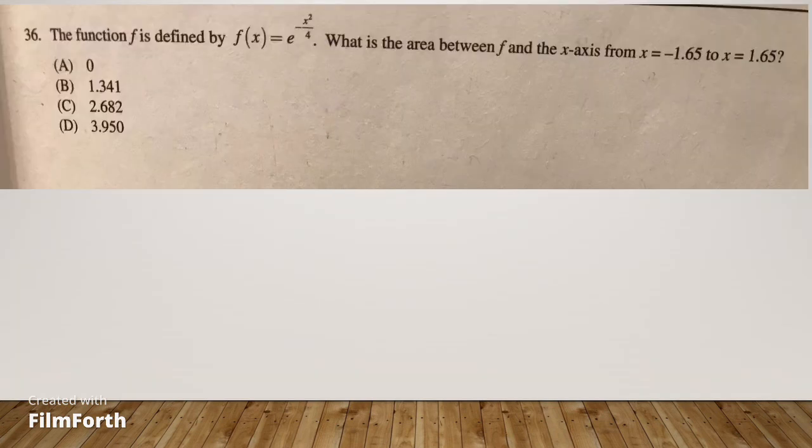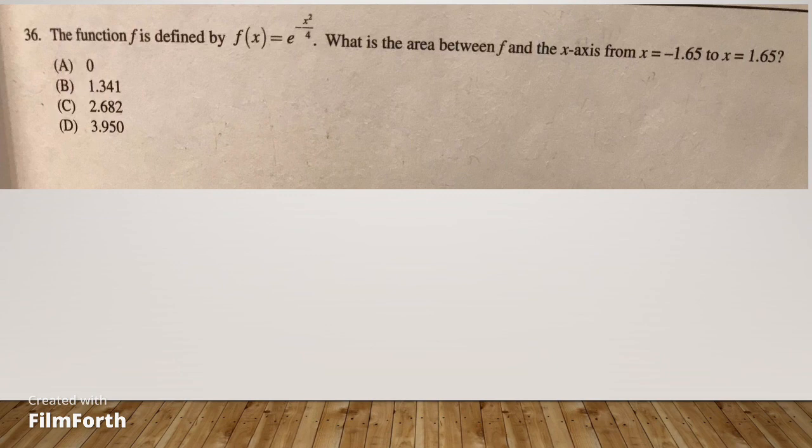Next question. 36. The function f is defined by f of x equals e to the negative x squared over 4. What is the area between f and the x-axis from x equals negative 1.65 to x equals 1.65?